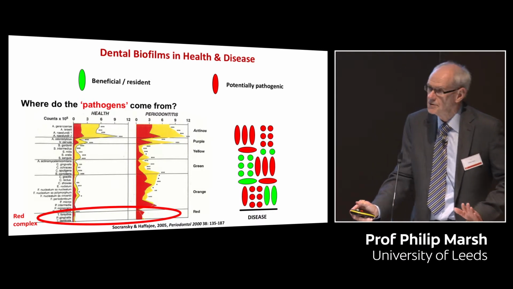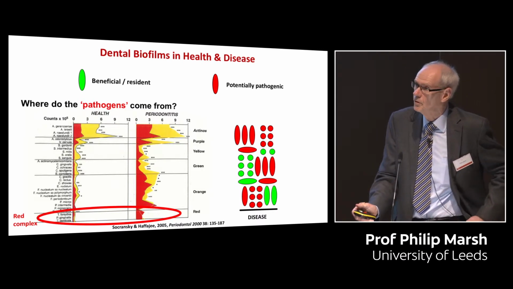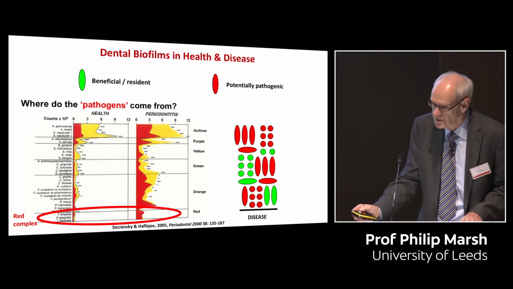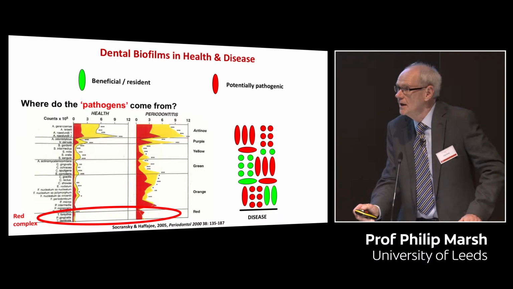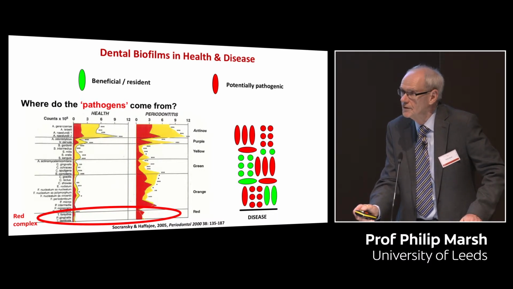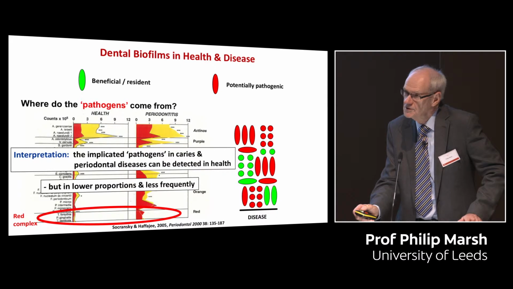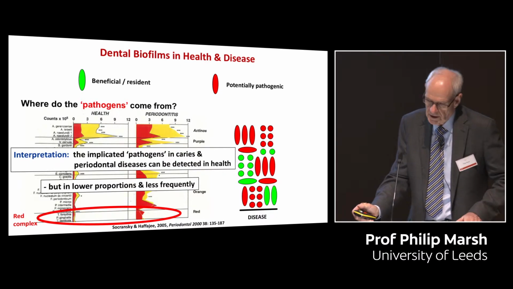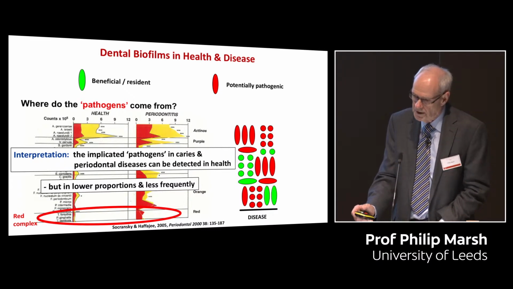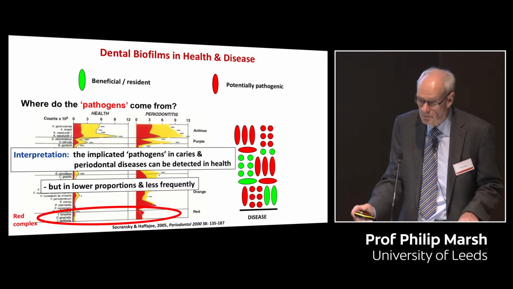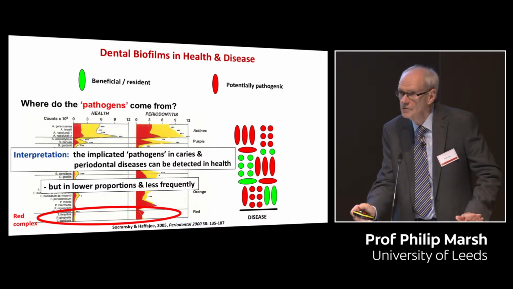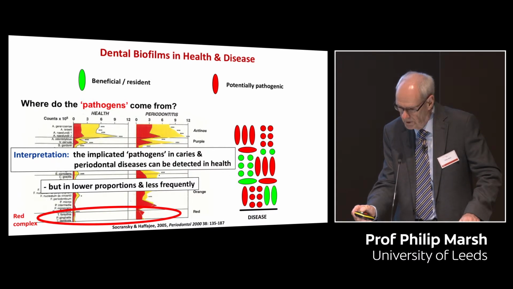If we look at the so-called red complex, a group of organisms that were linked to periodontitis, we can see that they are certainly present in higher numbers and more often in periodontitis, but they were still detected at sites with health. So the interpretation of this is that the implicated pathogens in caries and periodontal diseases can be detected in health, although they are present in lower proportions and less frequently.